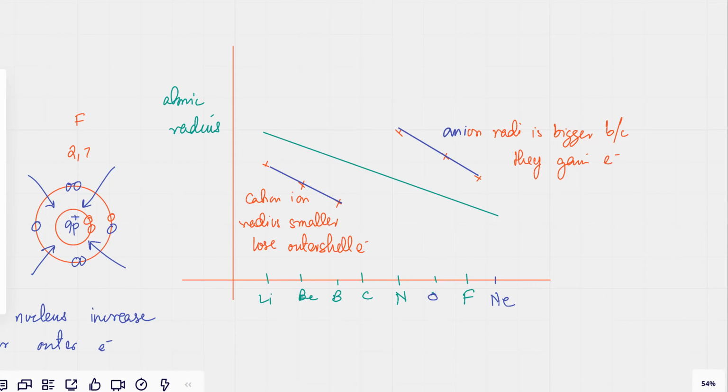They always lose their outer shell electrons. And this is the graph of the atomic radius. Okay, is this clear?